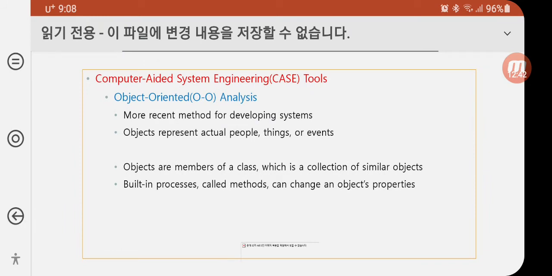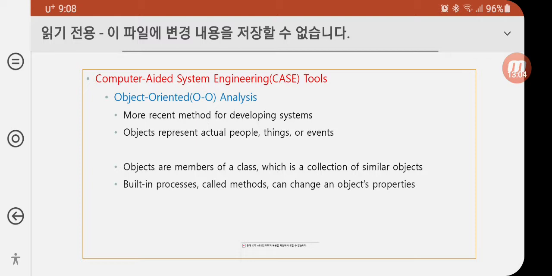Object-oriented analysis, a more recent method for developing systems. Objects represent actual people, things, or events. OO analysis combines data and the processes that act on the data into things called objects.